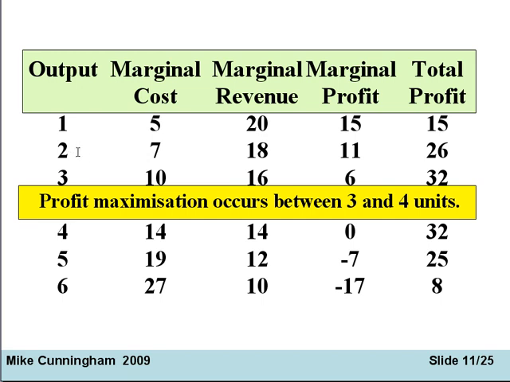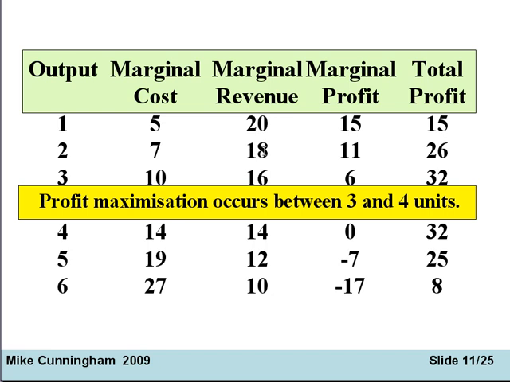If we make two units of output, the marginal cost of the second one has gone up to 7. That's the cost of making the second one. It's not an average, it's the cost of that particular item. The revenue from producing it has come down to 18. Well, maybe the consumers need to have a slight discount to buy the second unit, or market conditions, the price has fallen slightly, or whatever.